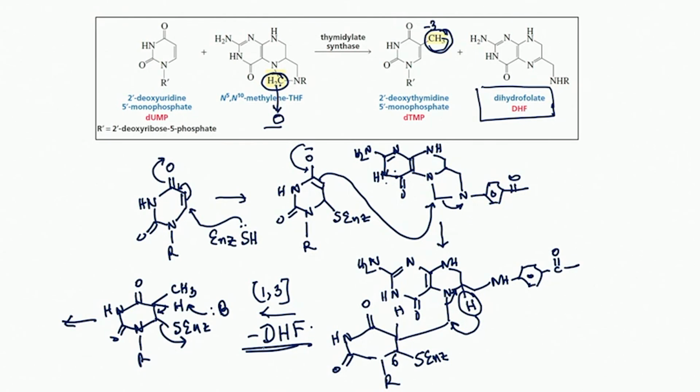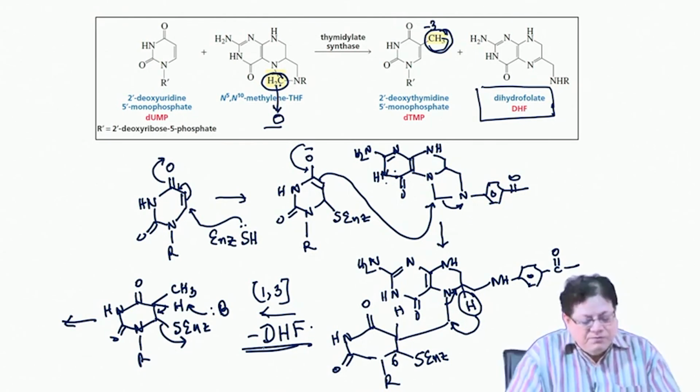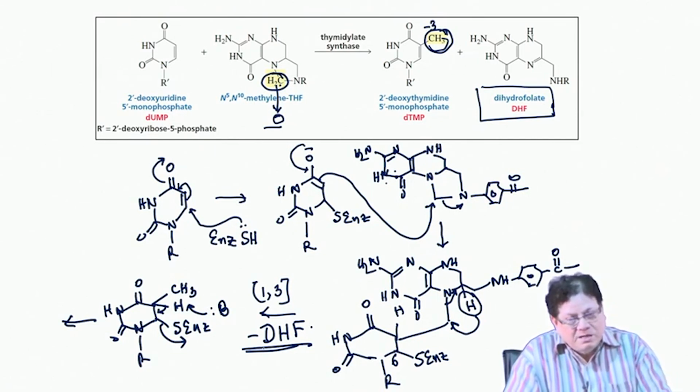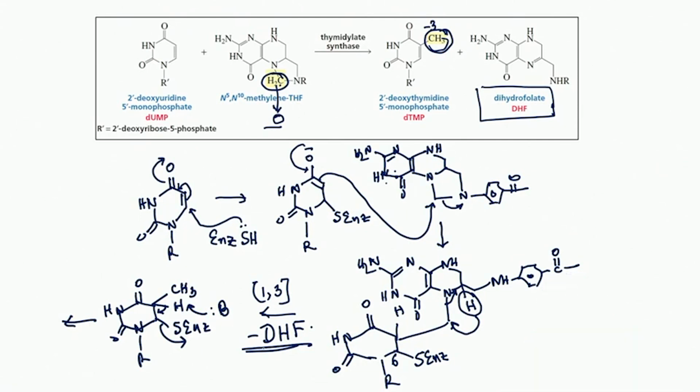Again I will just briefly summarize: first it is the Michael addition of the enzyme via the sulfur of a cysteine in the active site, and the resulting enolate attacks the methylene, resulting in the breakdown of this carbon-nitrogen bond, followed by the 1,3 migration of this hydrogen to the methylene.